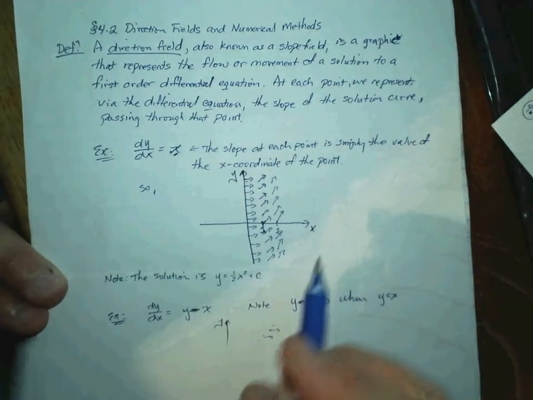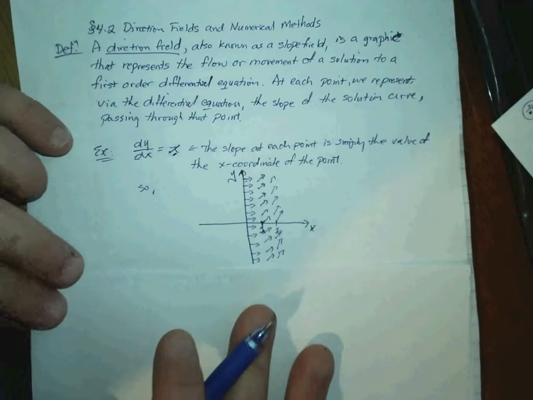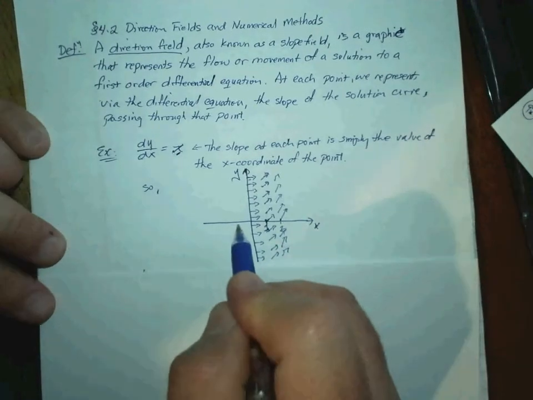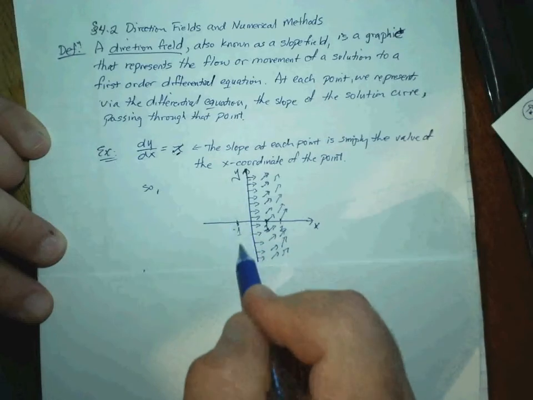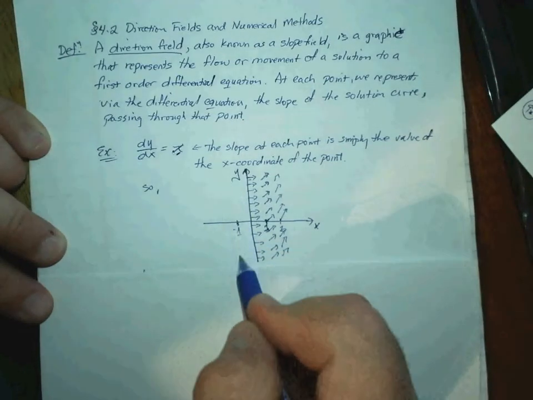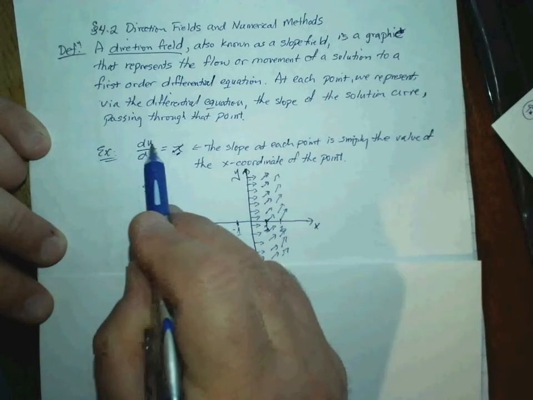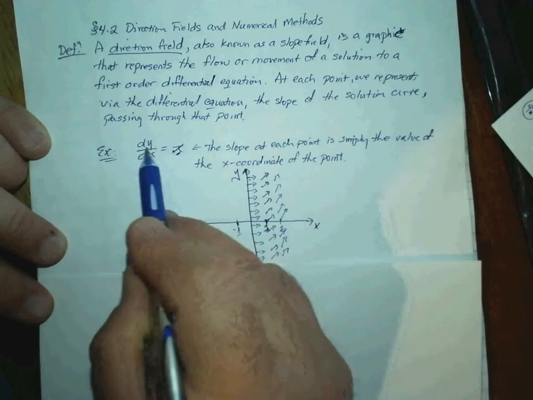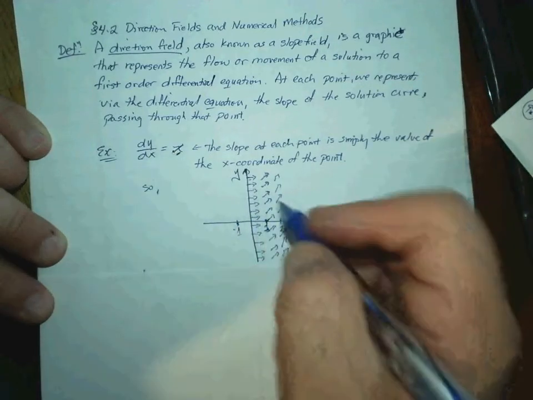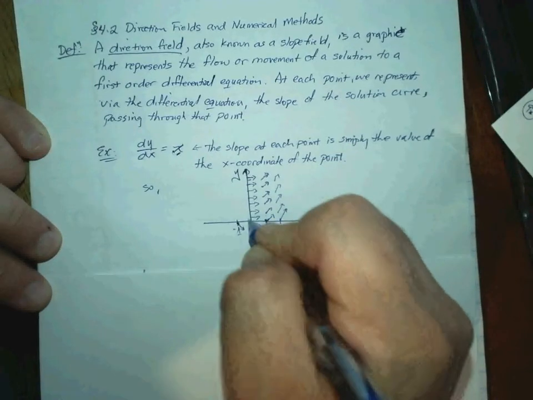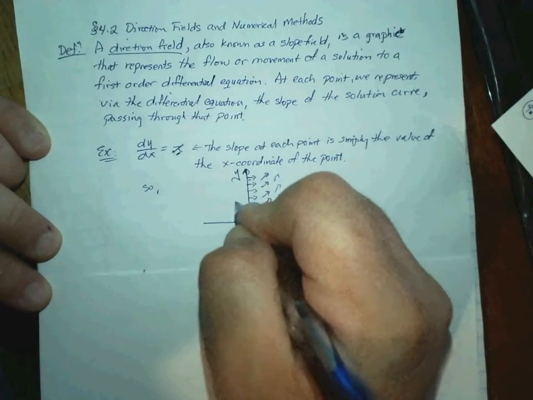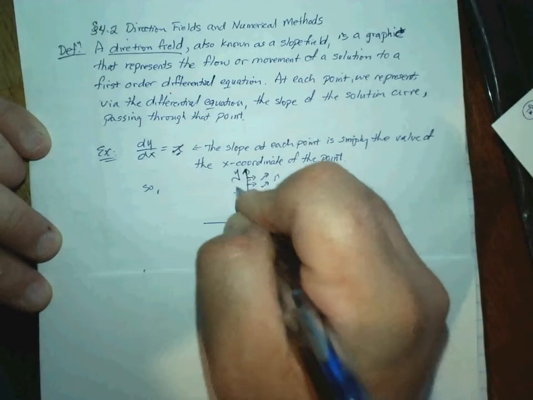Now, on the other hand, when we go to the other side of the graph, say we're at the place where all the values of x are -1, this vertical strip right here, then the slope of y, the slope of the tangent lines, is -1. That means as we draw our little direction lines here, we draw with slopes of -1, going down 1 and over 1.